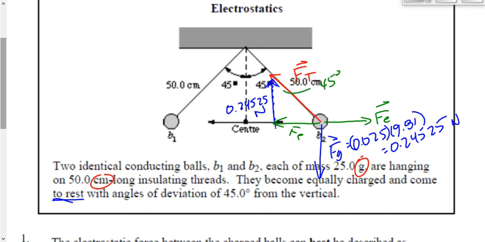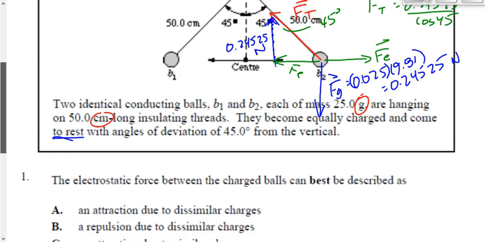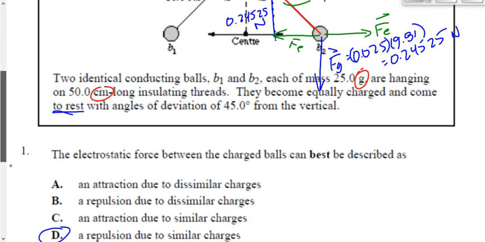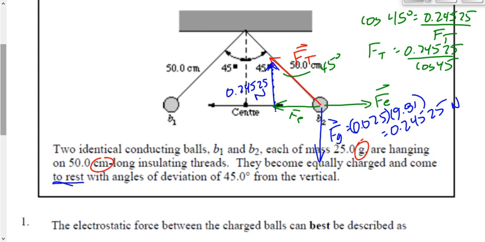So if I know the angle and I know the adjacent side, and I'm looking for the hypotenuse, why don't I just find the tension by saying cos 45 degrees is equal to adjacent over the hypotenuse. Ft is equal to 0.24525 divided by cosine 45. And when I do that math, it works out to be 0.347 newtons.